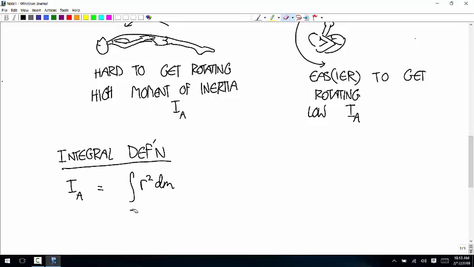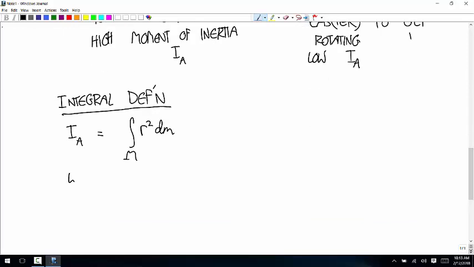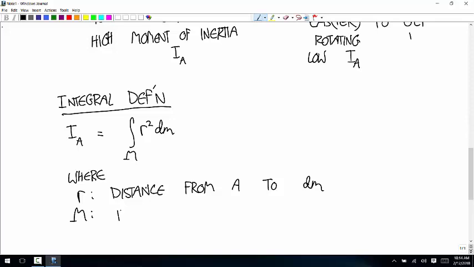And now that I think about it, that should not be the area, that should be the mass. Where r is the distance from the point A to the little bit of material dm, that small increment of mass, and m is the total mass.